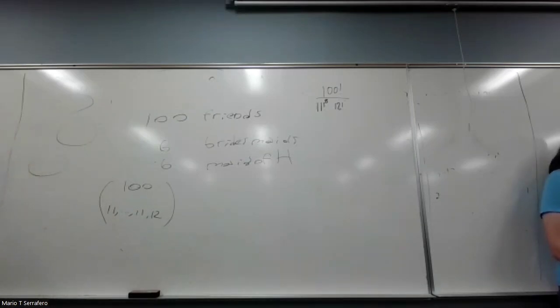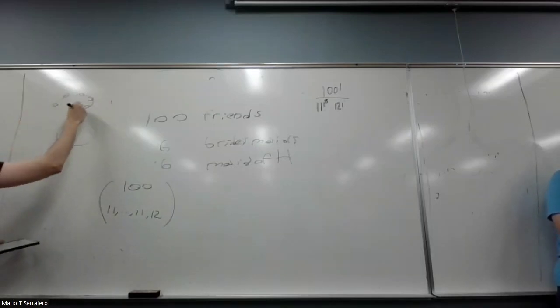Now, what we can do is sequentially, and that's the product rule, look at each of these tables and ask the question: I put the people in this table, now how many ways do I have to organize those guys? That really just means how many permutations do I have.